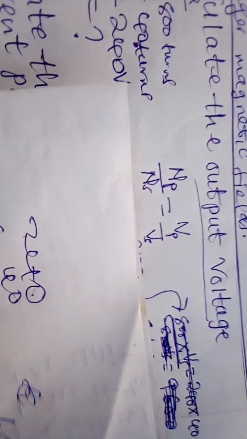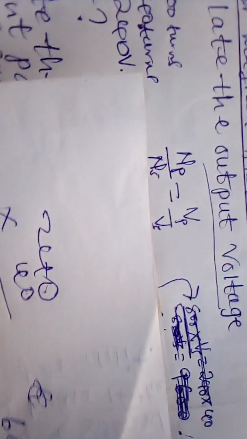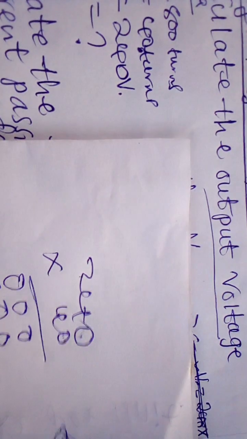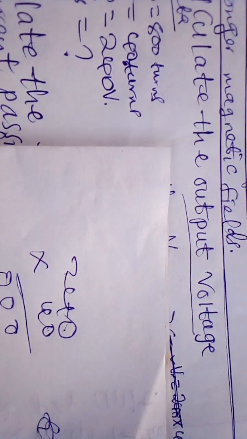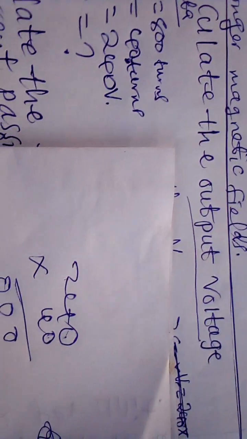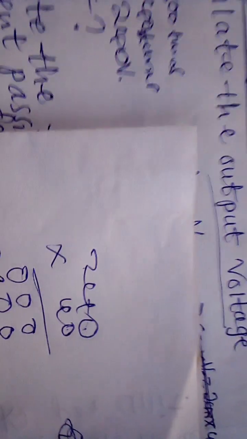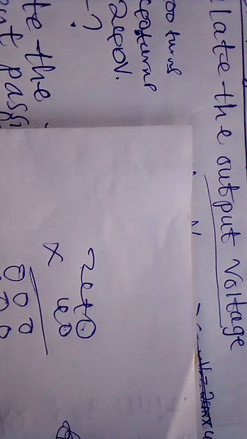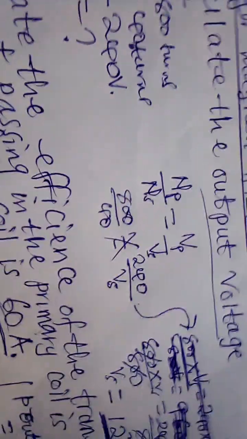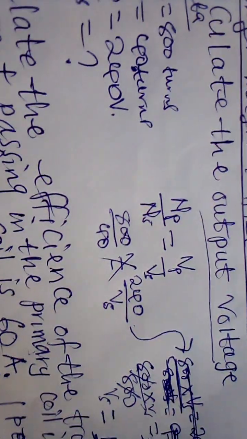We start with 60 times 12. Then 2 times 0, 0. 2 times 6, that is 12. Like this. Then now here we put 0. Then you say 1 times 0, 0. 1 times 6, 6. This is 720 watts.